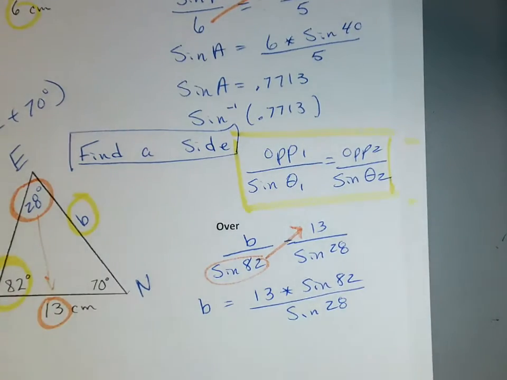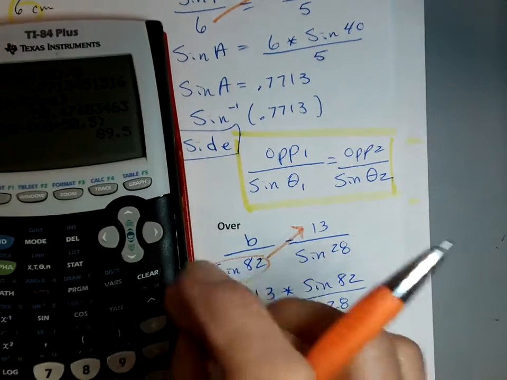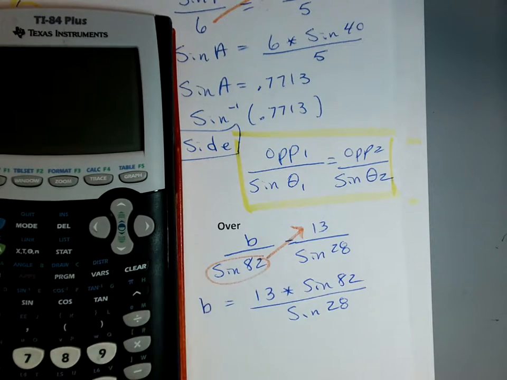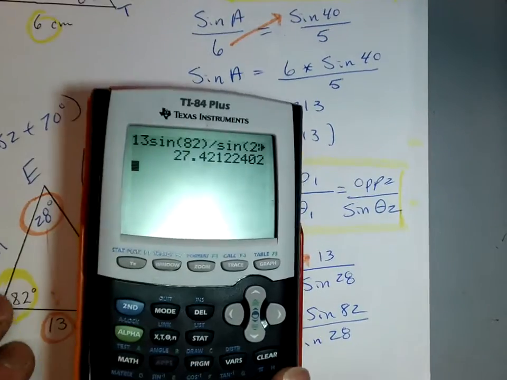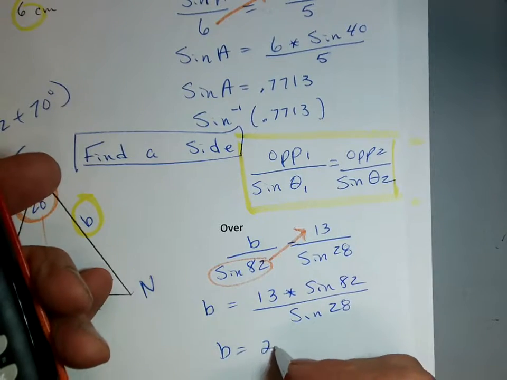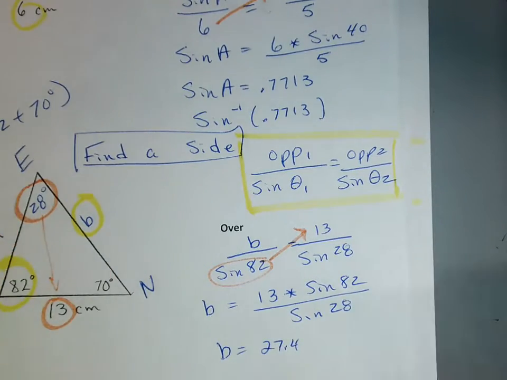And I'm just going to use my calculator. I do not need an inverse because I know the angle, right? So 13 sine 82 divided by sine of 28, and I get an answer of about 27.4, okay? So little b is 27.4.